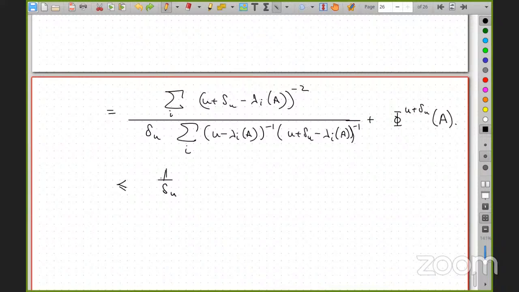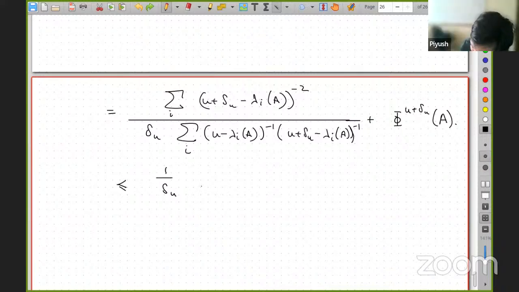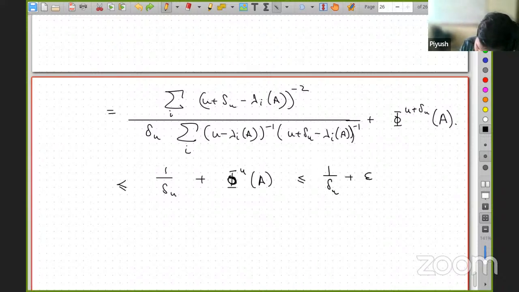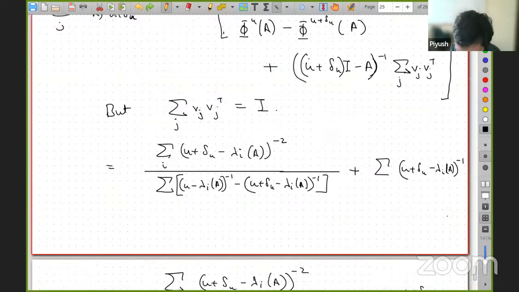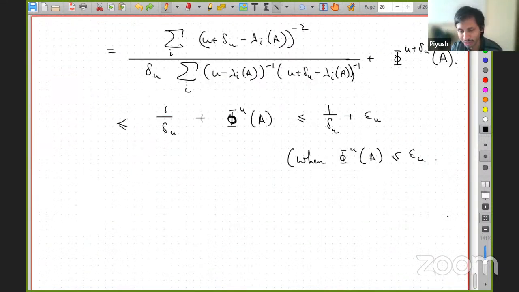The second is phi of u plus delta u, less than plus phi of u, because when you increase u, the upper barrier can only drop when the matrix is held fixed. So this is less than 1 over delta u plus epsilon u. So the sum of the upper barriers is at most 1 over delta u plus epsilon u.